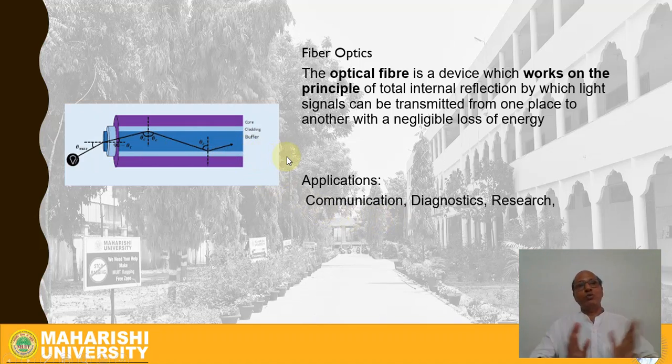In fact, today when you see the communication which you are having through your broadband network, the connection which comes to your house from the transmitting system or relaying system is through underground optical fiber cable.